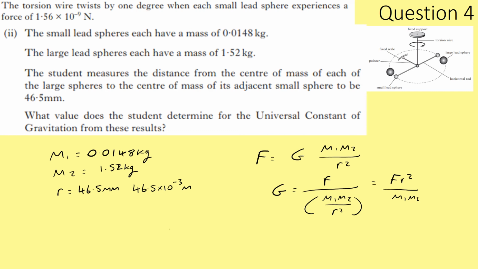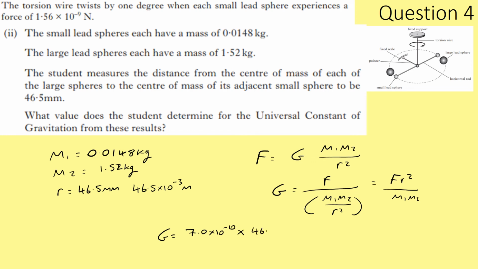So that means G is equal to our force, which we've just calculated in the previous question. That is 7.0 times 10 to the negative 10 multiplied by our radius squared.